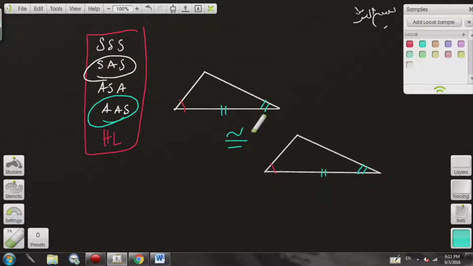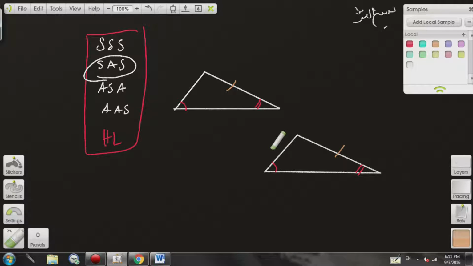Now, before this, let me not just hurry this because it's so important. Angle angle side means if you have one triangle, this angle is congruent, and this is another angle that's congruent, and then this side is congruent. Then these two triangles are congruent.